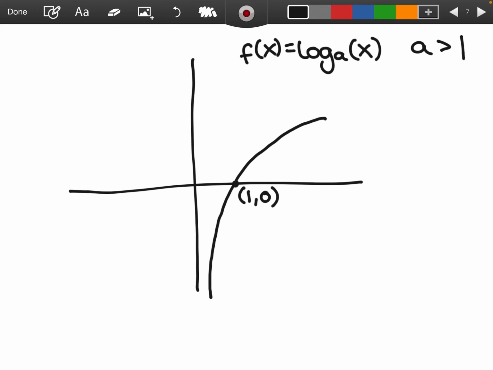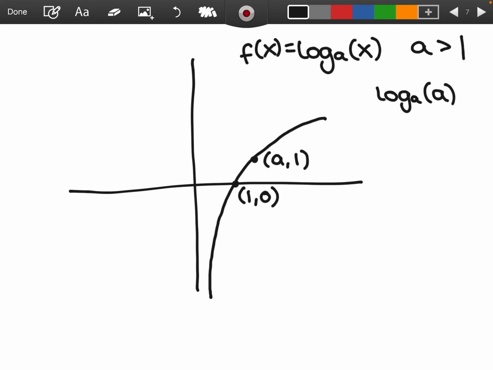That makes sense, okay? When x is equal to 1, I'm looking at what power I have to raise a to in order to get 1. Well, any a to the power 0 is going to give me 1. So log base a of 1 has to be 0, because a to the 0 power is always 1. So 1, 0 is going to be a point it goes through.